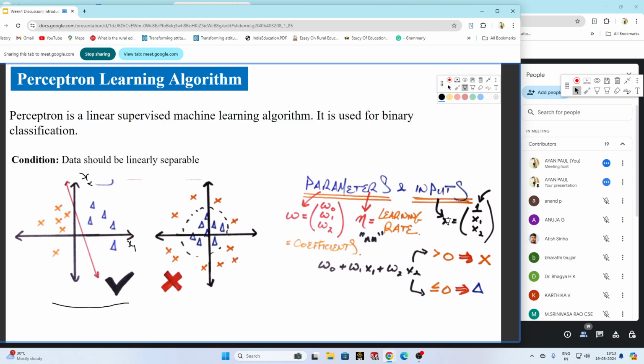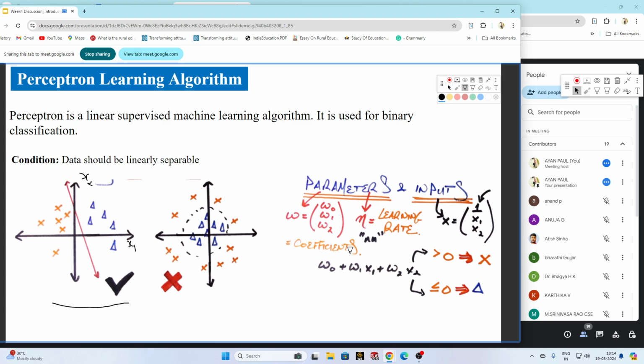In this matrix form, what type of matrix is this? This is a column matrix. Here you can see we have two inputs, x1 and x2, and also we have added another input called 1. This input will take care of an extra coefficient that we will provide.